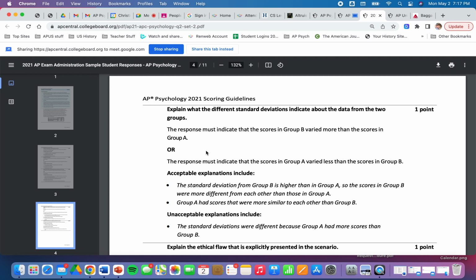Or Group A had scores that were more similar to each other than Group B. Okay, so the difference would have been less strong. Any other questions on standard deviation?